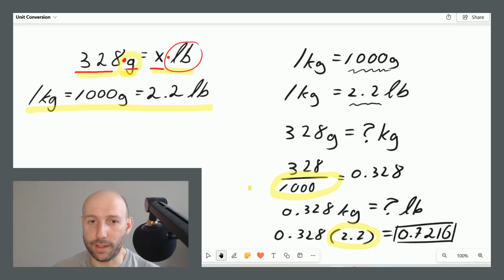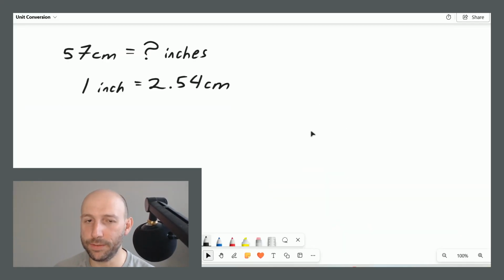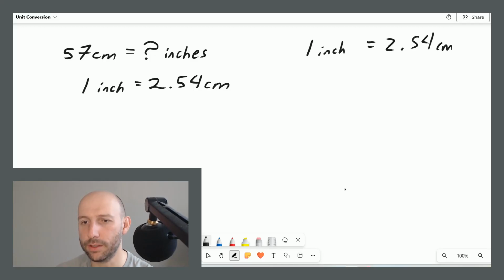And this works for anything, not just pounds and grams or kilograms. For example, let's say you want to convert 57 centimeters to inches, and you know that 1 inch is 2.54 centimeters. We could use the algebraic approach and say that 1 inch equals 2.54 centimeters. Divide both sides by 2.54.